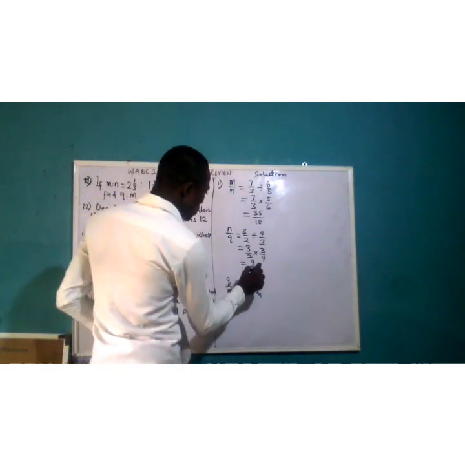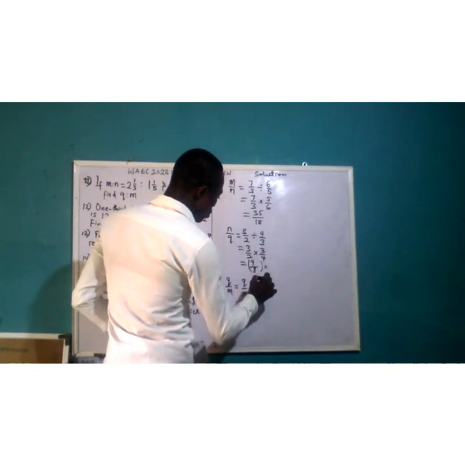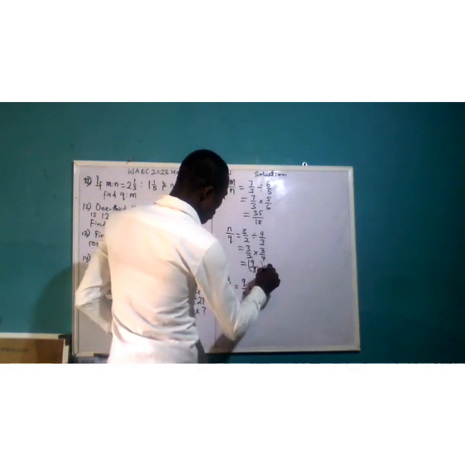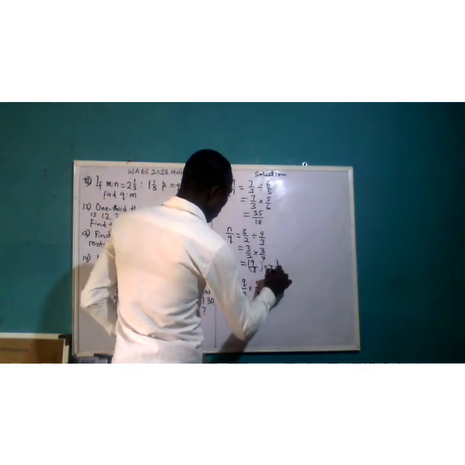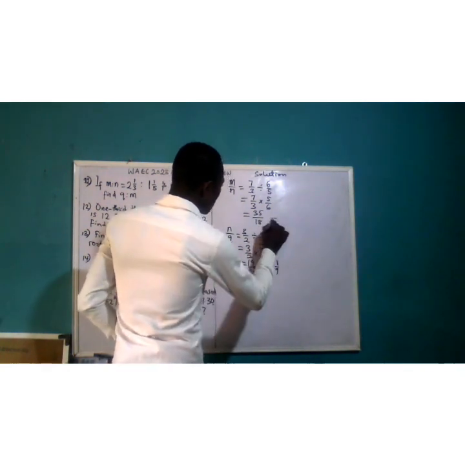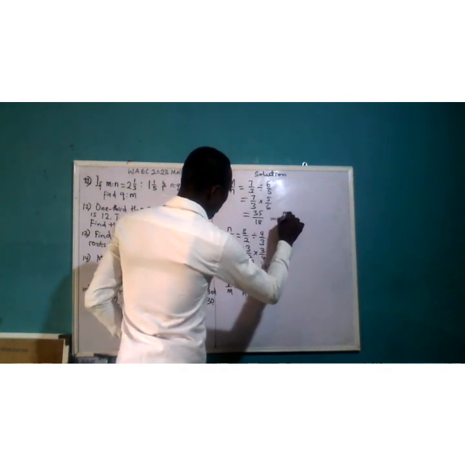Therefore, if you take the inverse of this, it implies 8 over 9, and the inverse of this implies 18 over 35.